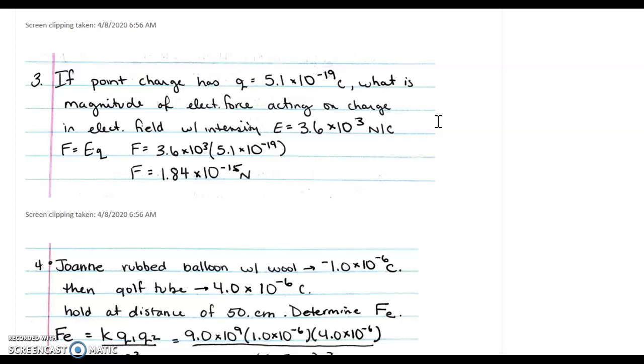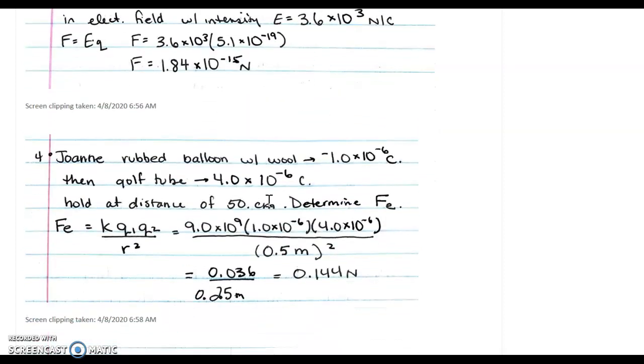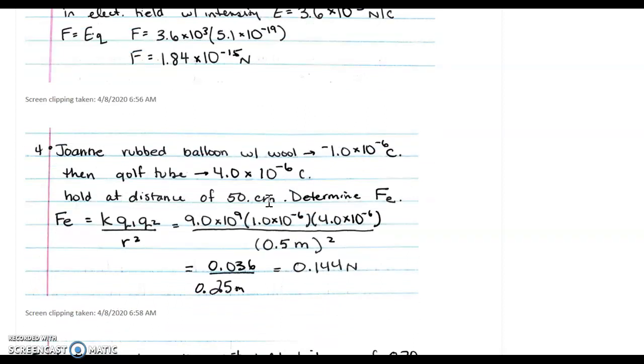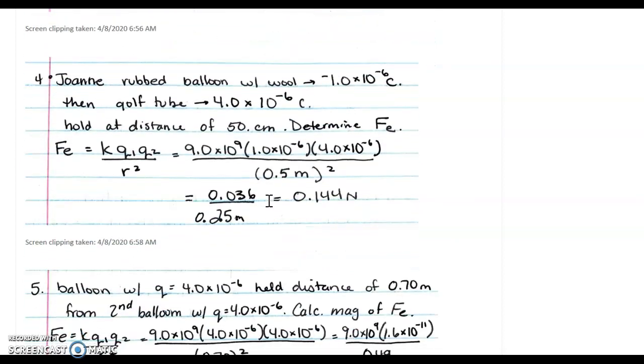So here we're looking for the F, but we're using something other than an electron because we have just a particle with a charge. And therefore our answer is 1.84 times 10 to the negative 15th newtons. You just have to be careful with the scientific notation again. So you've got to make sure that if you're using a regular calculator, you use your parentheses.